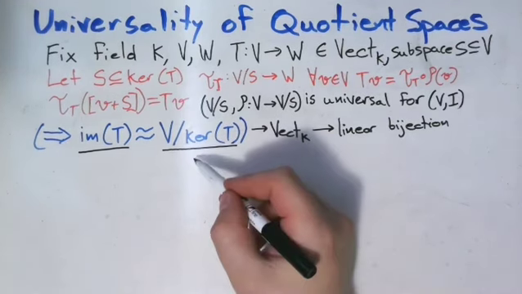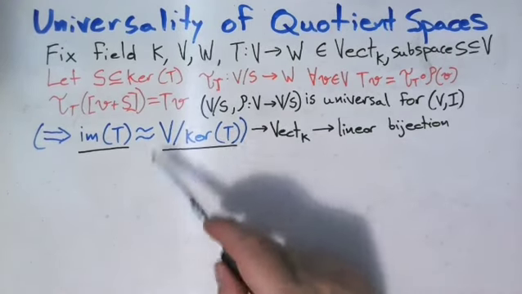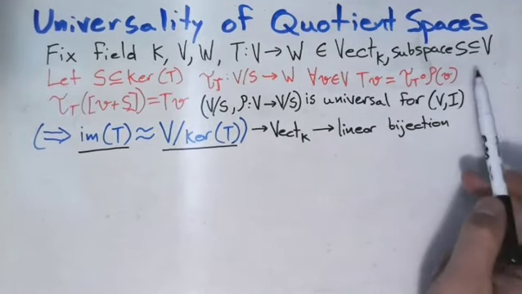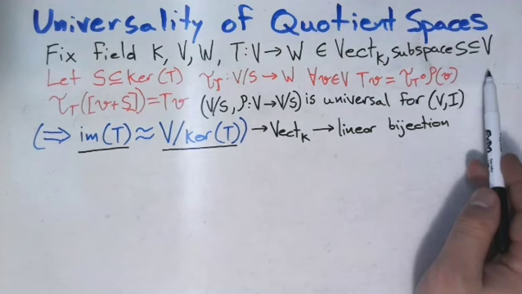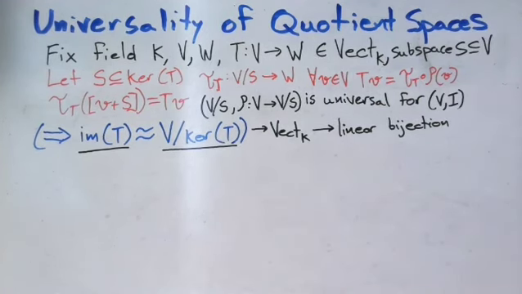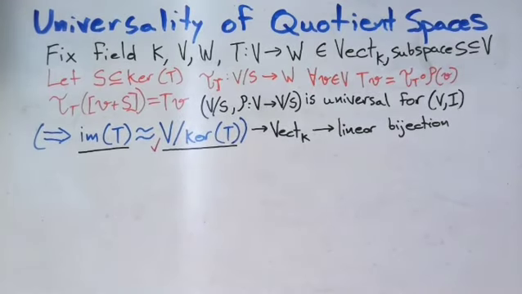So we already know this is a vector space, but we do need to check one thing first, which is that in the definition of our quotient space here, this S, whatever's on this side, needs to be a subspace of V. But the kernel is a subspace of V. So the kernel of any linear transformation is a subspace of the domain of that transformation. That's one of the first results you prove in linear algebra. So we're good for this one. This is, in fact, a vector space.